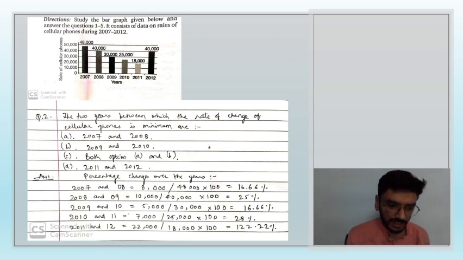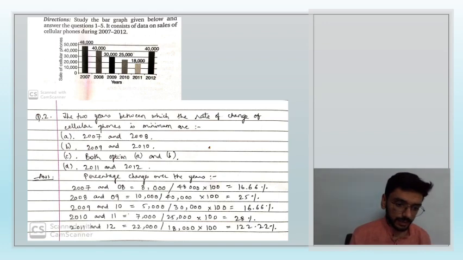Between 2009 and 2010, the difference between both these years comes out to be 5,000. 5,000 divided by 30,000 into 100, that comes out to be 16.66%. 2010 and 2011, the difference between both the years is 7,000. That 7,000 divided by 25,000 into 100 comes out to be 28%.